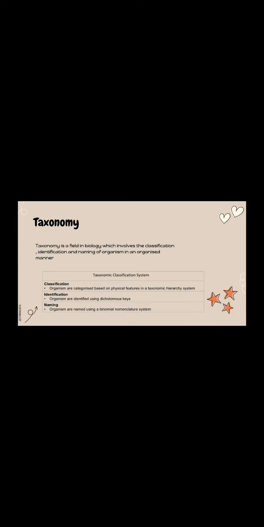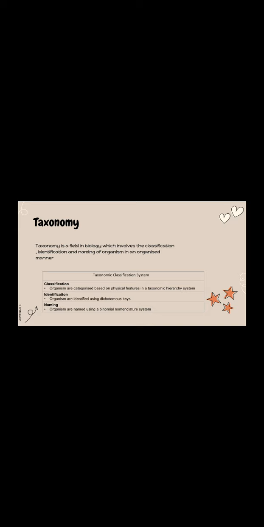Okay, first let's focus on taxonomy. What is taxonomy? Taxonomy is a field in biology which involves the classification, identification, and naming of organisms in an organized manner. So basically, taxonomy is a scheme of classification, especially a hierarchical classification, in which things are organized into groups or types.